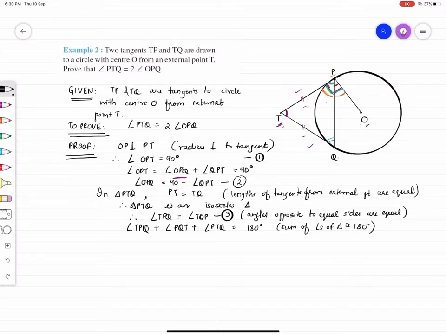But from 3, I know that angle TPQ is equal to angle TQP, or in this case I've written PQT. So we can actually change this, and wait a minute, I can also see that somehow we are getting our QPT angle over here, right? So there we go, there is a connection between the two angles.